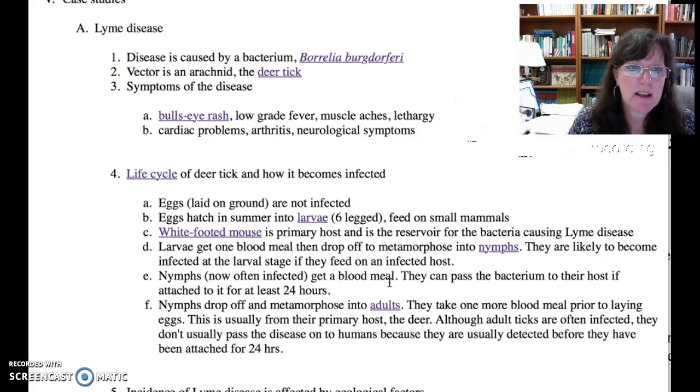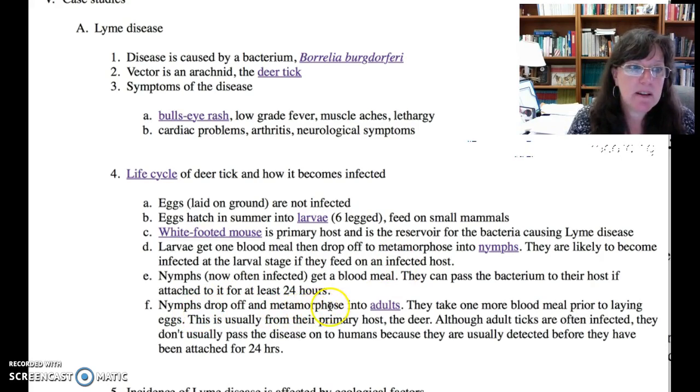The bacterium actually has to move from other parts of the tick's body into the salivary glands, and that migration takes a few hours. So typically if you find the tick on you right away and you pull it off, you're very, very unlikely to have gotten Lyme disease. But if the tick is there undisturbed for a long period of time, 24 hours or so, then there's a good chance that if it is infected, the person that has been bitten has been infected too.